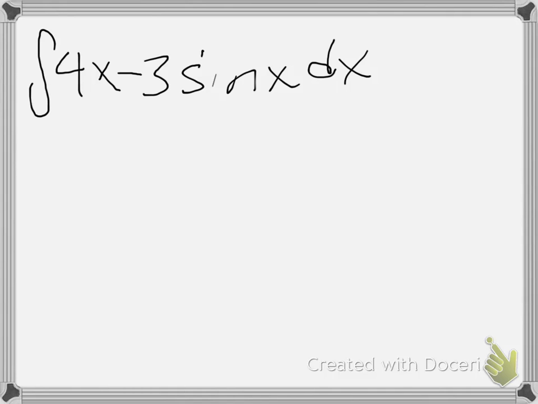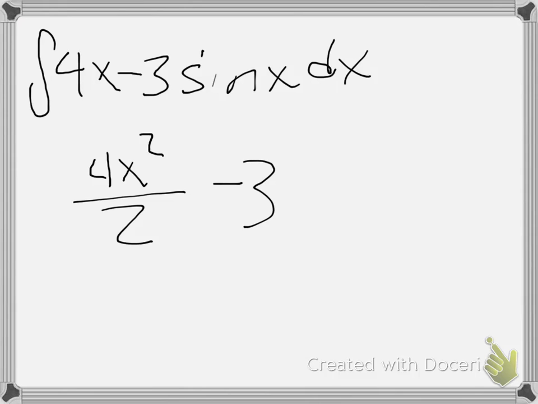To get the indefinite integral, we would do 4x, and because it's x, 1 plus 1 would equal 2, divided by 2, which is the new power, minus 3, we leave it outside, sine of x.